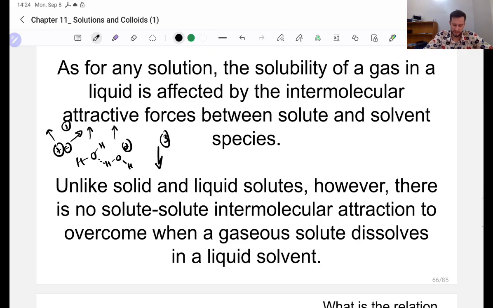But then step three releases energy, when the ions are now interacting with the water. However, for a gas, we don't have this first step because the molecules are not next to each other. Because they're not next to each other, there's no energy needed to pull them apart, since they're already separated in the gaseous phase.